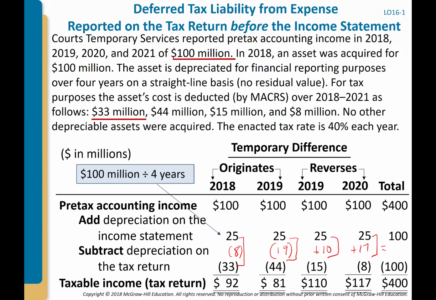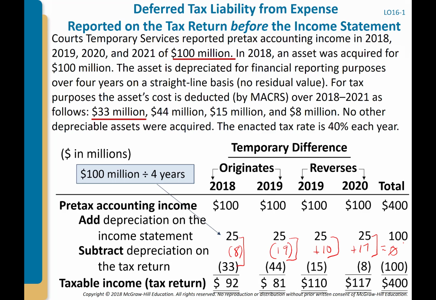So the total difference, I looked at it, is 8. Oh yeah, of course, it's going to turn around in total. I'm sorry, it's going to reverse out, so it should be 0, right? Okay, so it's 0, and it's going to turn around.